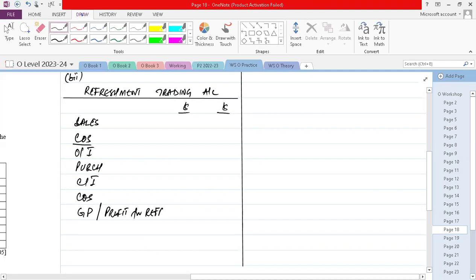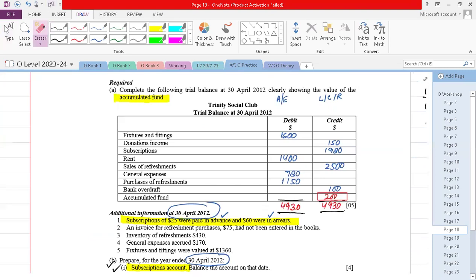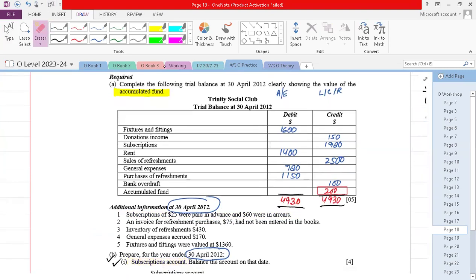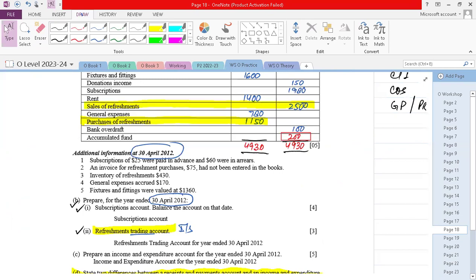So the gross profit will become the profit from refreshment. Let me mark the relevant values for refreshment. Here is the refreshment sales, refreshment purchases. There is no opening inventory.